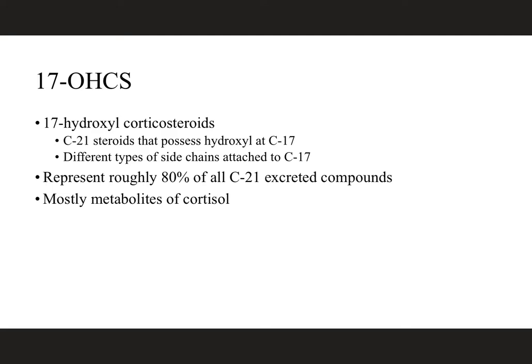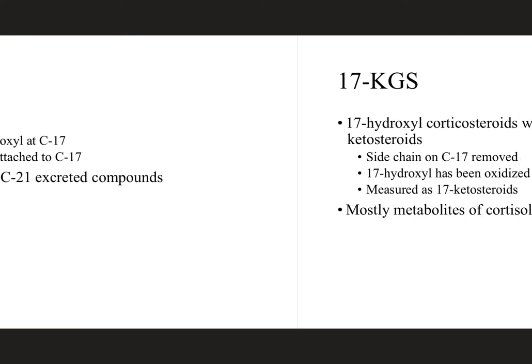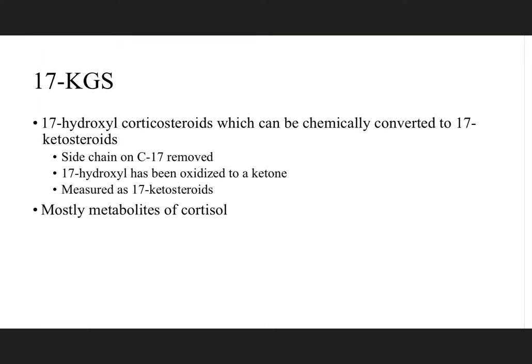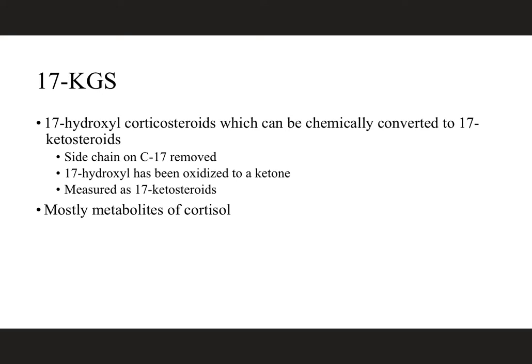So when we're looking for metabolites of our C21s, 17-OHCS is one we'll typically measure in urine. 17-KGS is very similar, but it is a 17-OHCS that's been converted over to a keto steroid, so that's where the K comes in. Again, this is also a metabolite mostly of our cortisol, so typically we'll measure both 17-OHCS and 17-KGS to give us a picture of our cortisol levels. And again, this is usually measured in urine.